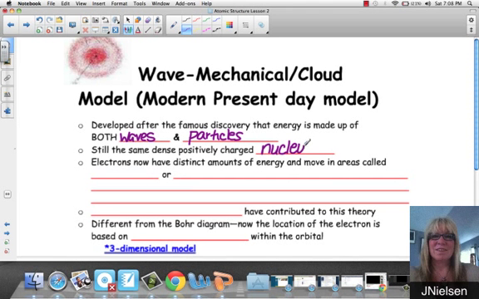So that hasn't changed. However, electrons now have distinct amounts of energy and move in areas called orbitals. And that energy that we're talking about is quanta.